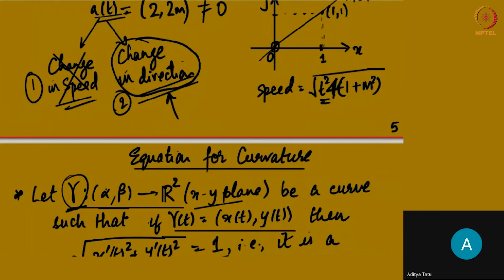Yes, sir. But why did you say that it is not always acceleration? Acceleration is a double differentiation of a function, right? But that double differentiation is a quantity that arises because of two things: change in the magnitude of the first derivative and change in the direction of the first derivative, right? Okay, sir, understood.